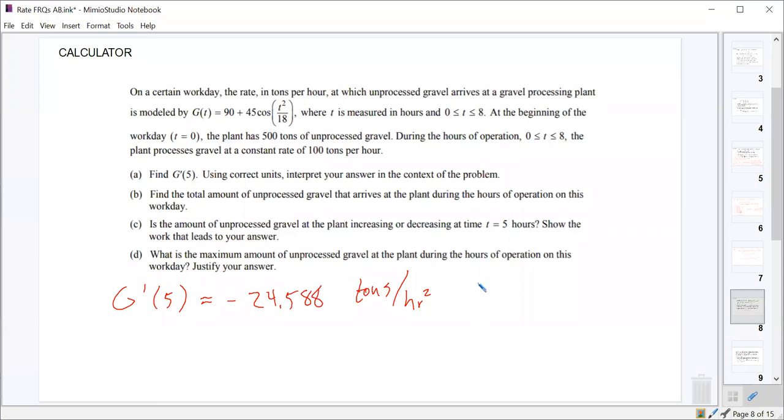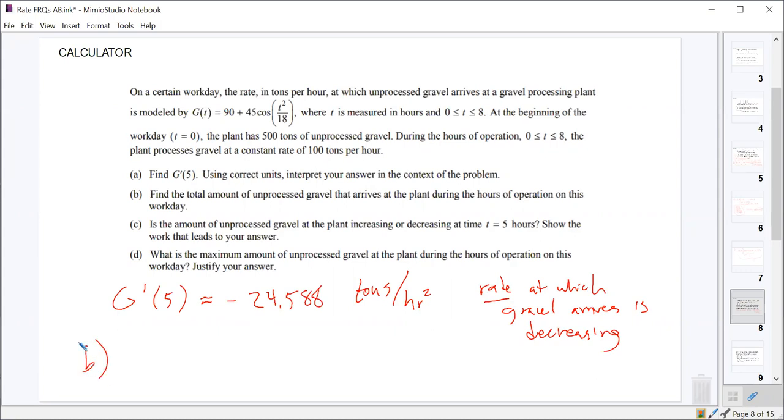And we would say that the rate at which the gravel arrives is decreasing. Right? Not that the amount of gravel that arrives is decreasing, but the rate is decreasing because we took the derivative of the rate function.